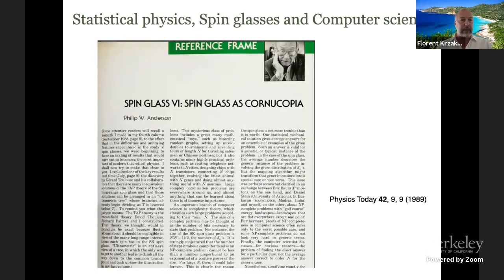First of all, I just want to mention that this idea of using statistical physics for problems outside physics is quite an old one. It started in the 80s, and we had really great scientists who initiated this line of thought. In particular, there is this beautiful article written in '89 by Nobel Prize winner P. W. Anderson, saying that these new tools that we are developing around the statistical physics of spin glasses might be very useful outside spin glasses, and it's a cornucopia.